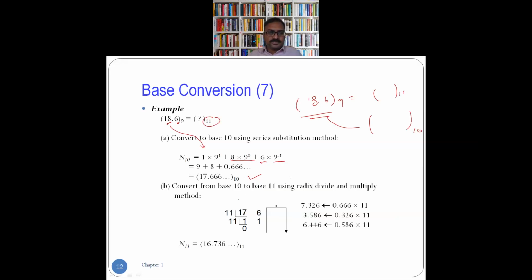Now convert this 17.66 into base 11. To convert the integer part, you divide by 11, and to convert the fractional part 0.66 into a fraction with base 11, you multiply. For the integer you divide, for the fractional you multiply.